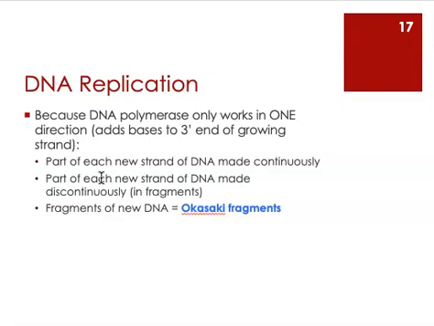Once the entire chromosome has been copied, the fragments can be joined together so that the new DNA strands are complete. There's no gaps in them. But while it's being made, parts of each new strand have to be made in these fragments. And we give these fragments a name. We call them Okazaki fragments. These were named after the scientist who discovered them.